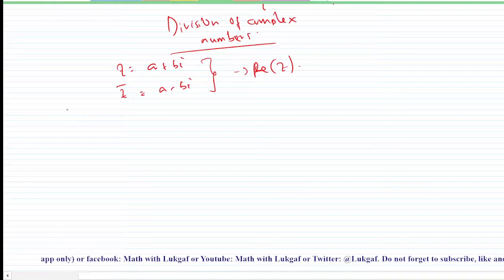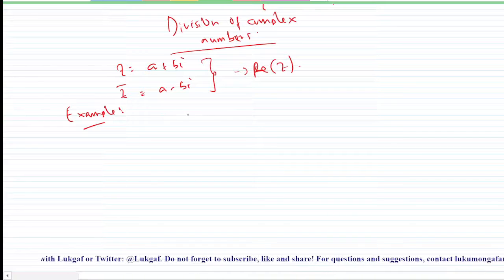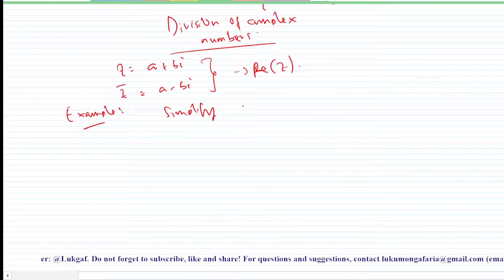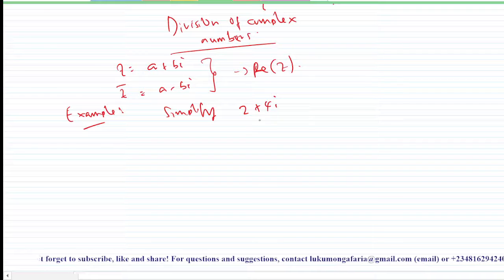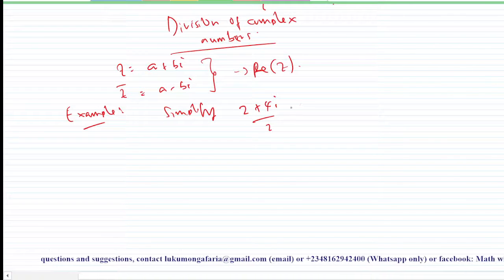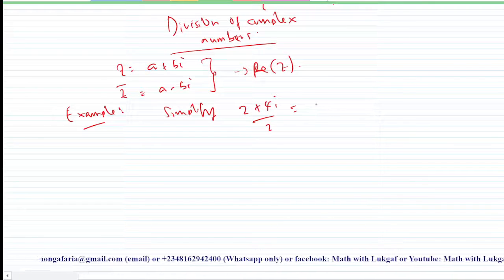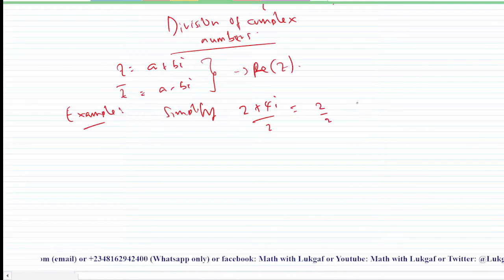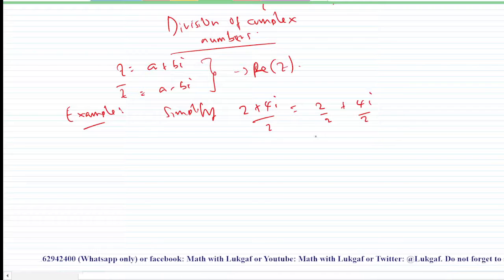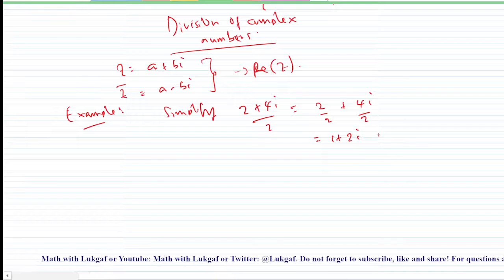For example, let's say I write: simplify 2 plus 4i divided by 2. This is not difficult to do. Just give the denominator to each of the terms, then I'm going to have 2 divided by 2 plus 4i divided by 2, and I'm going to have 1 plus 2i. This is very simple, isn't it?